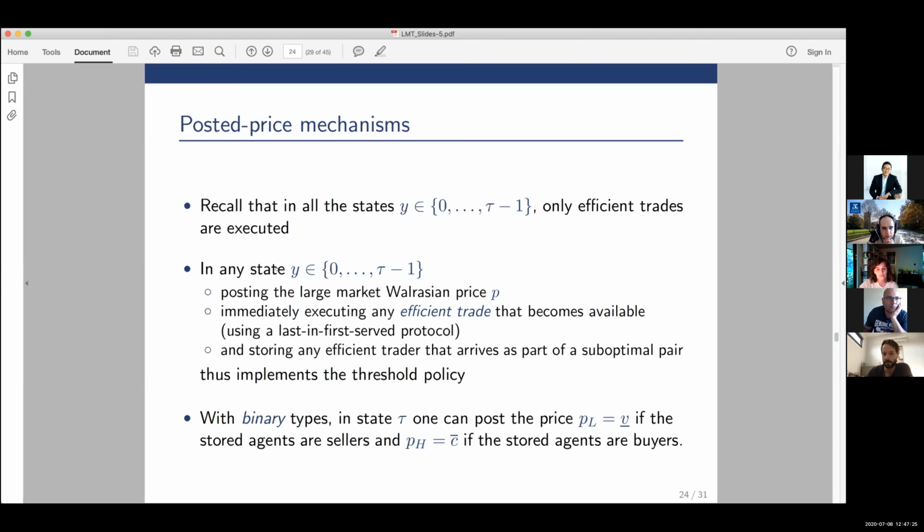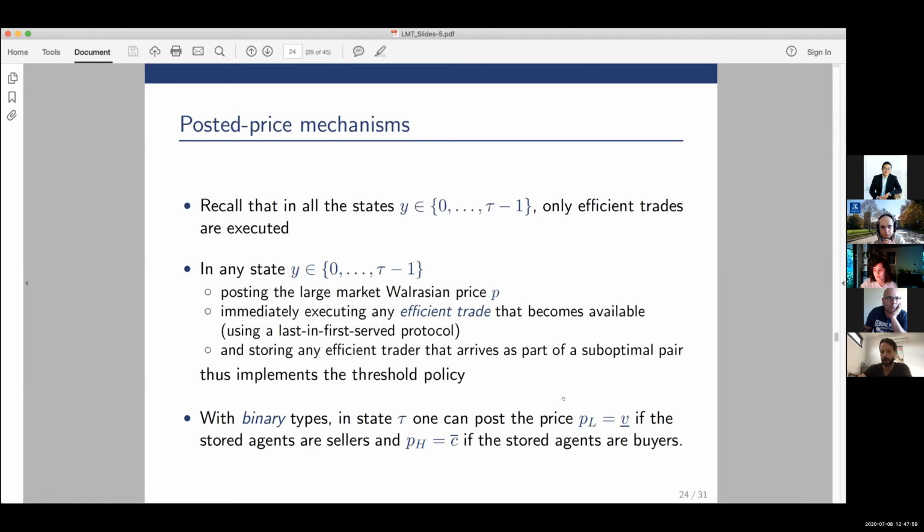As said, in these states, if an efficient trader arrives that cannot trade, you just store him up to the point where you reach the threshold tau. The last thing I need to show is what you do in state tau, once you reach that boundary state. Suppose the stored agents are sellers, which in line with the notation we had before we're going to call the low state, the delta L state.